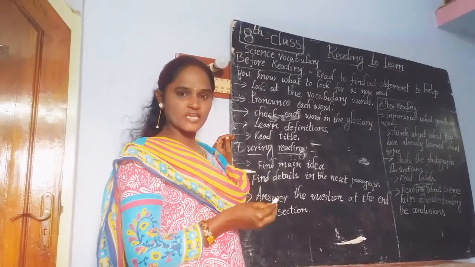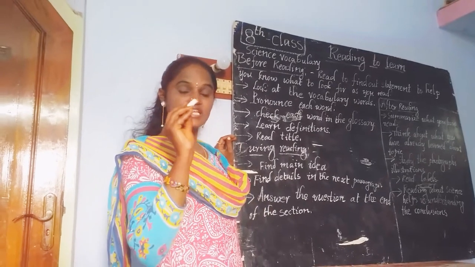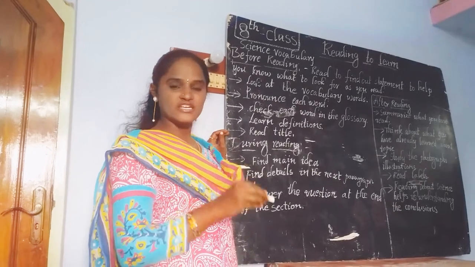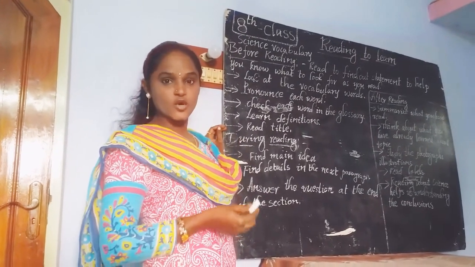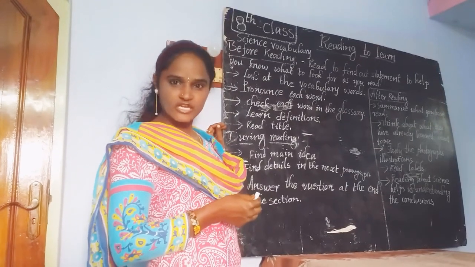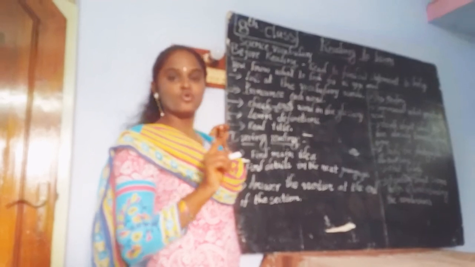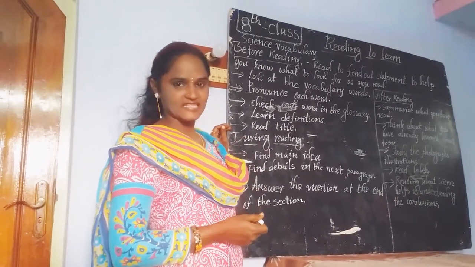If we are talking about different varieties of subjects, it is very important to know the importance of vocabulary. In science we may find different varieties of words which are very difficult to understand. So everyone has to know the science vocabulary, then it is easy to learn science.